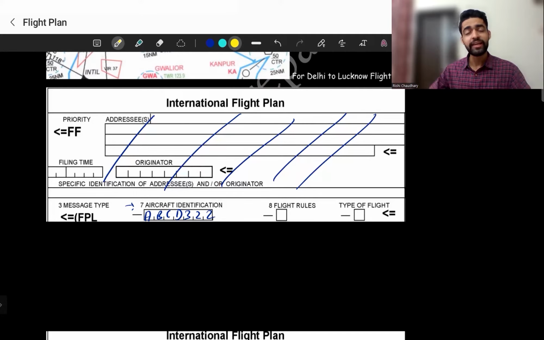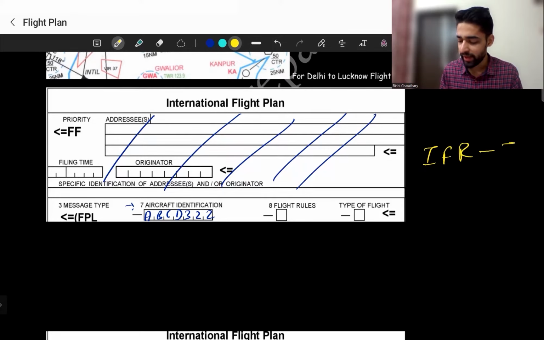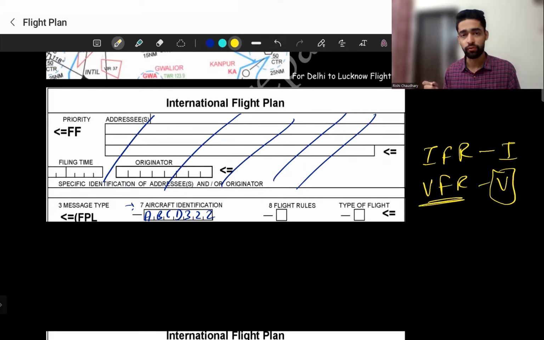If he is taking off and landing with the help of instruments or the ILS system, then it will be called IFR, or instrument flight rule, denoted by I. But if he is doing everything visually with the help of his own vision, and if there is no cloud, no rainfall, no fog, and he is able to view everything, then he will go for VFR. It is called V in short. So it is also called visual flight rule. Okay, visual flight rule and instrument flight rule.